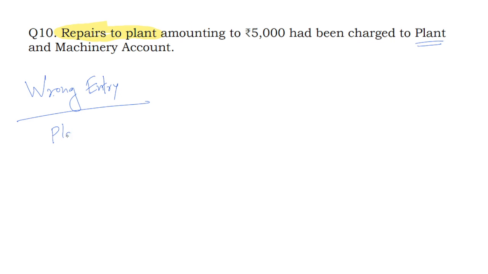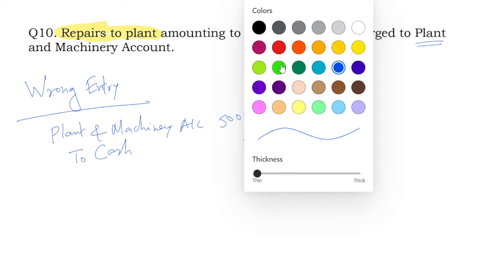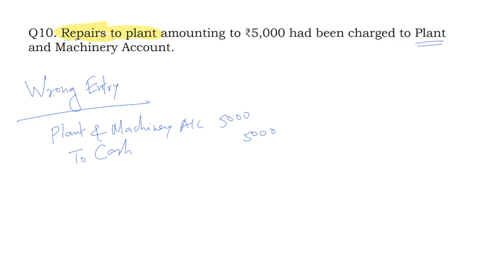So the wrong entry is plant and machinery account to cash, say for example 5,000. So this amount is paid. But actually it is repairs. It is mentioned here, no?